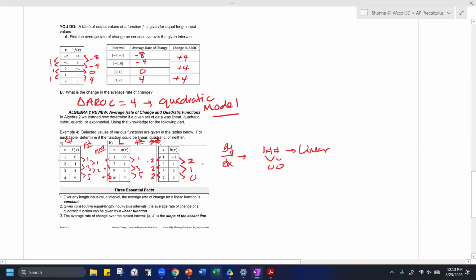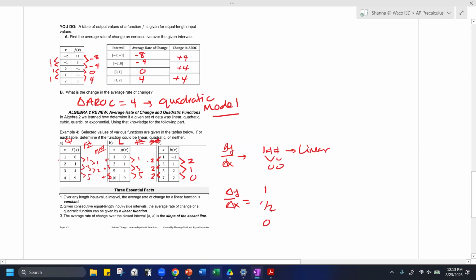So the average rate of change here, the change in the y over the change in the x, is going to give us 1. So our first one is 1. And then we have 1/2. And then we have 0.